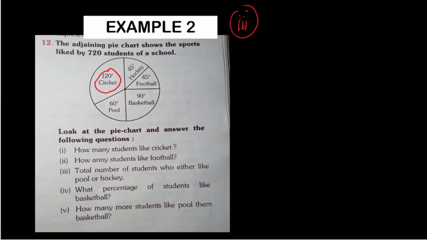We can do this in 2 ways. The first one is to find the total number of students that like hockey, and that of students that like pool. If you look at hockey and football, they are the same. We just calculated that 90 students like football, so hockey as well. Since they have the same degree, for hockey too we get 90 students.